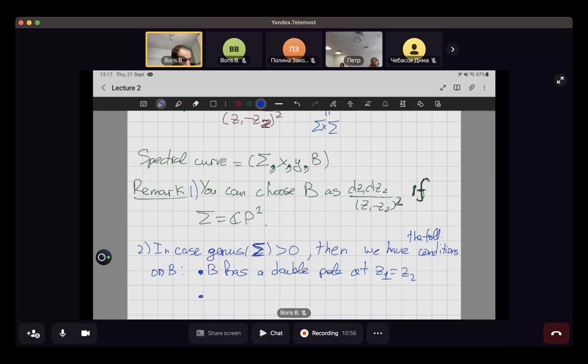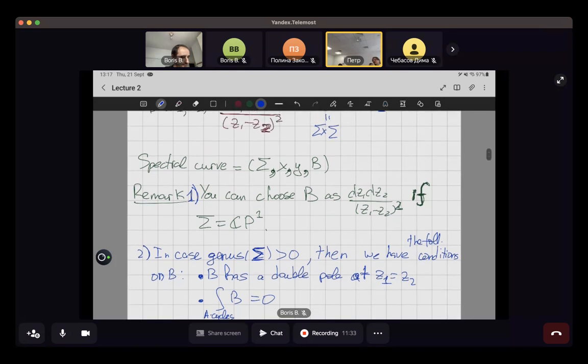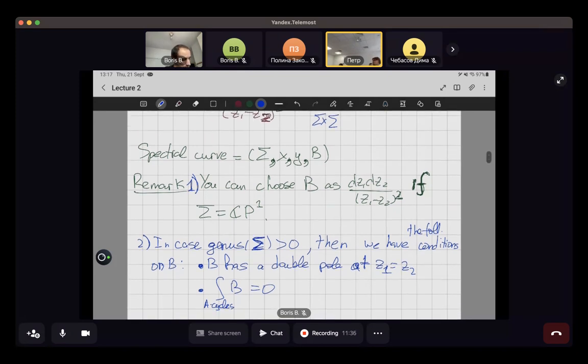I don't want to say much more about this second condition, but if you know something about the topology of Riemann surfaces, say, the integral of B over some A cycles is equal to 0. Nevertheless, in most applications we'll deal with a genus 0 spectral curve.